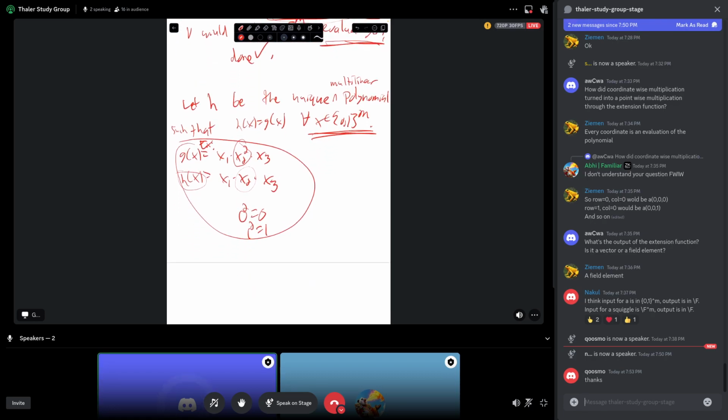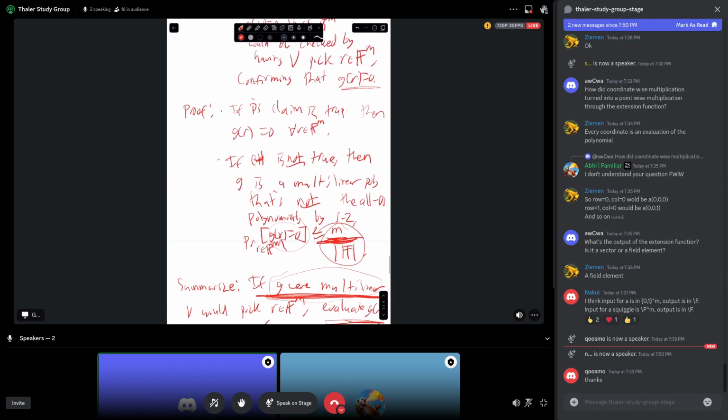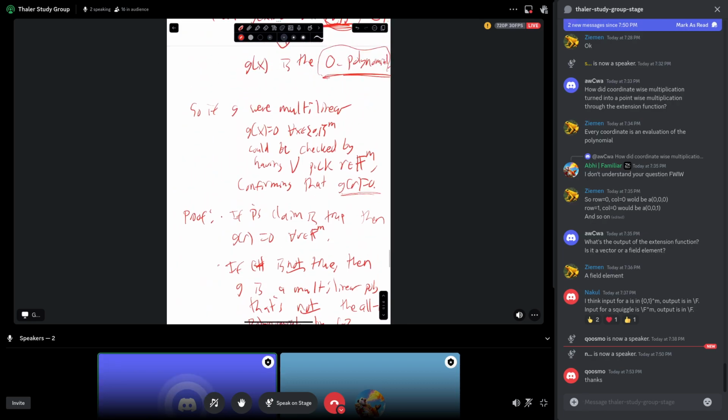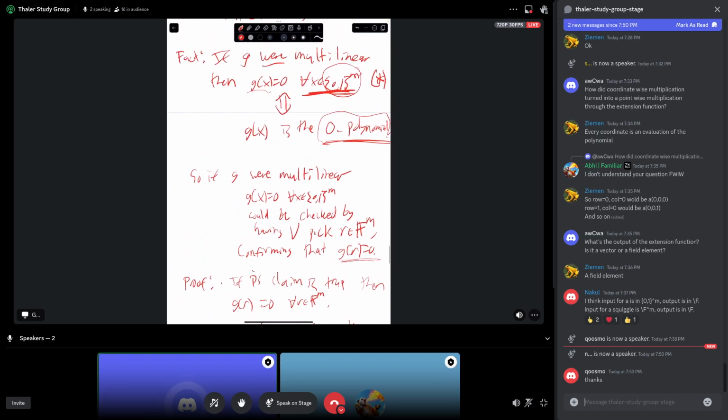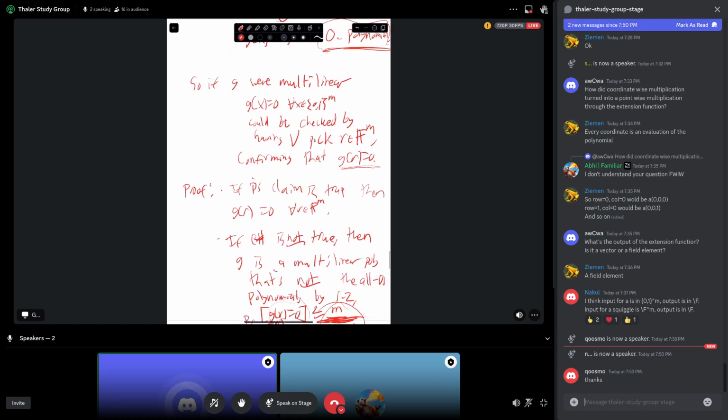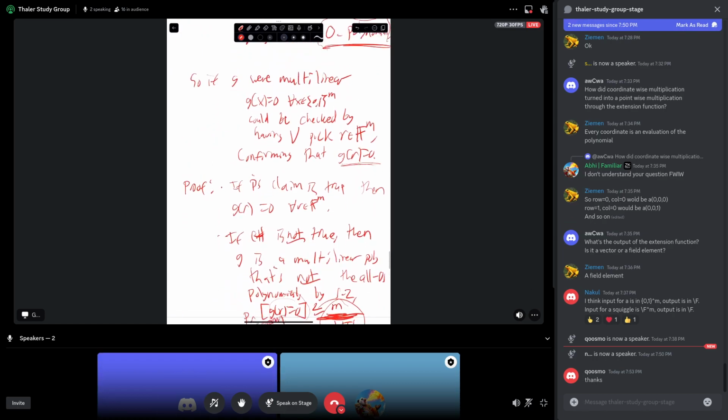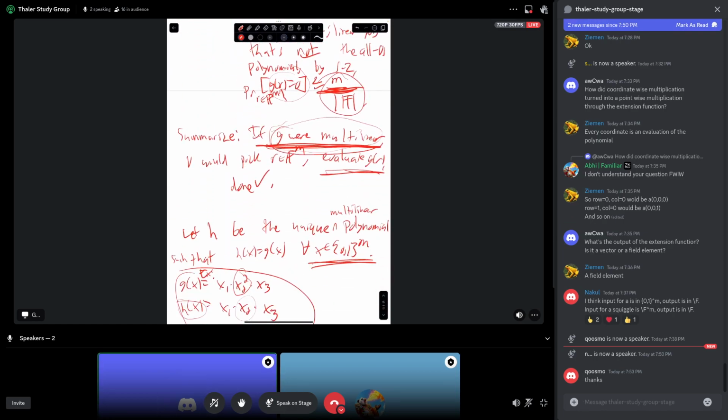Okay. And so I just explained via this reasoning that went through Schwartz-Zippel that if g were multilinear, V could just pick a random point, evaluate g at that random point, confirm the evaluation is 0, and be done. Now, g is not multilinear, but h is, right?